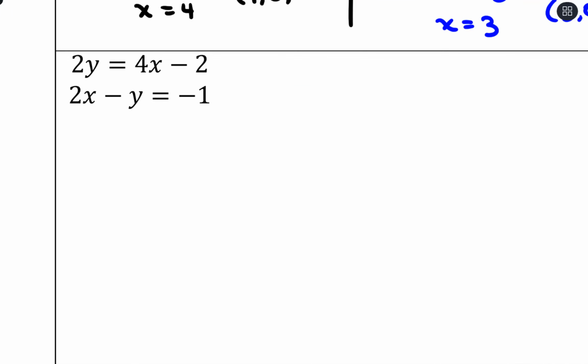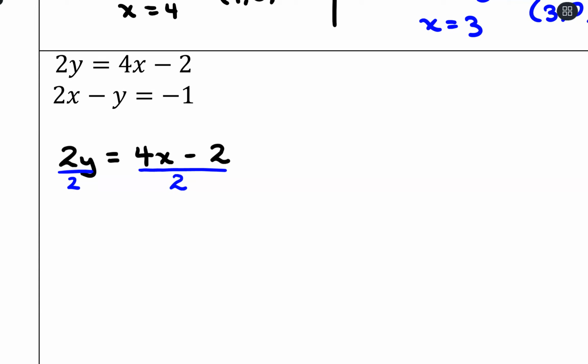All right, one more case here. Okay, let's with this one do changing it to y = mx plus b form. Which for this first case, all I need to do is divide both sides by 2, which remember we have to divide absolutely everything by 2. So I'll give us y equals 4 divided by 2 is 2, and then minus 2 divided by 2, which is 1.